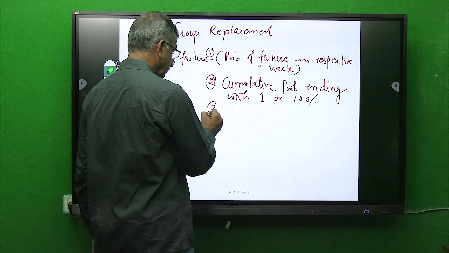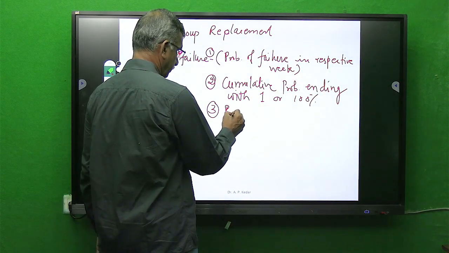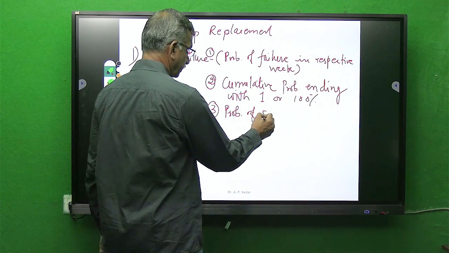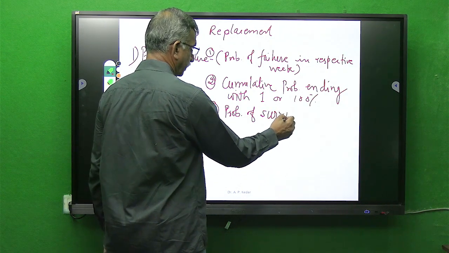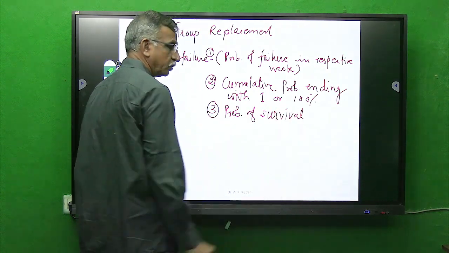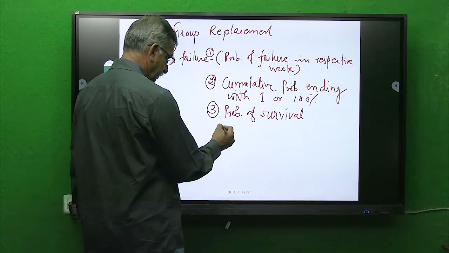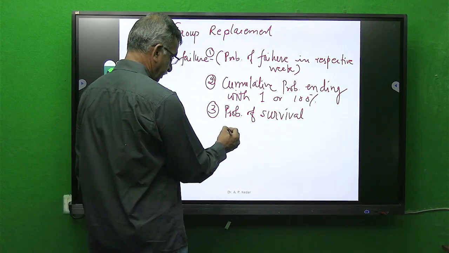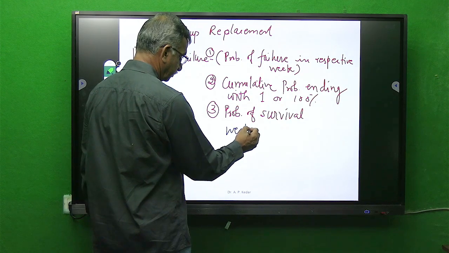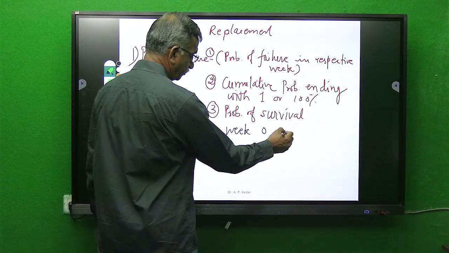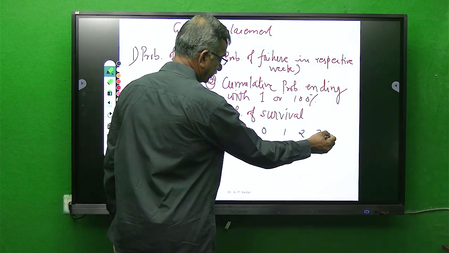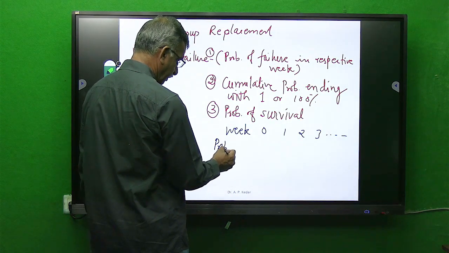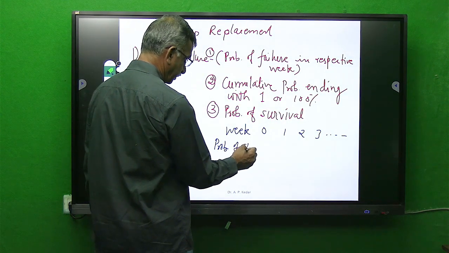And third, given probability of survival. We have discussed this issue, and in this particular case the data will be given, suppose the unit is in weeks, as 0, 1, 2, 3 like that, and probability of survival.